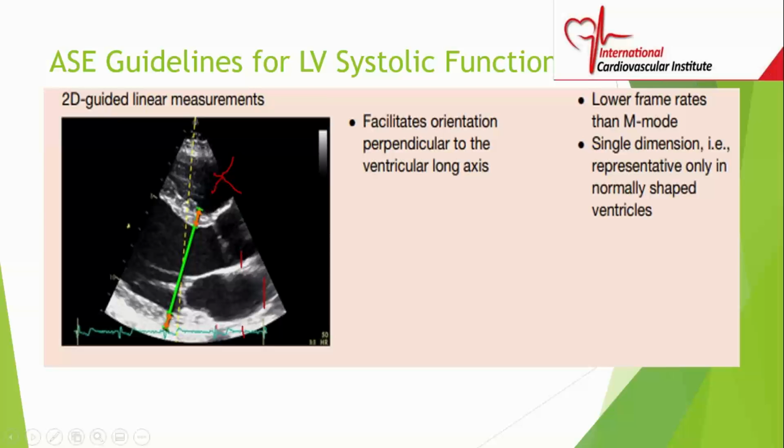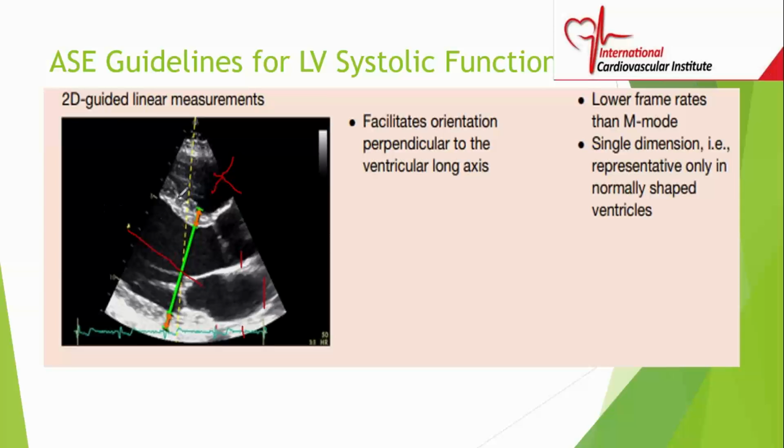If you're going to use your 2D, then again, the tip of the mitral leaflet, as we said before, the LV plane. So you're going to be perpendicular to the LV plane, and the LV plane is this line. The LV plane is going to move in this direction.